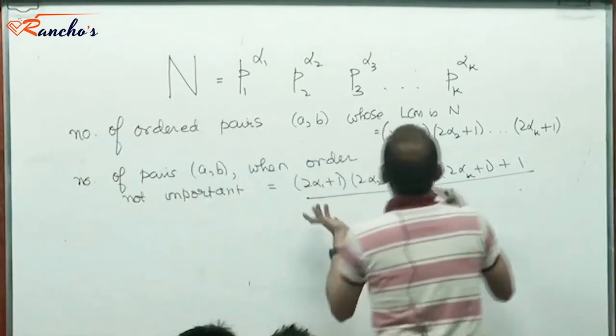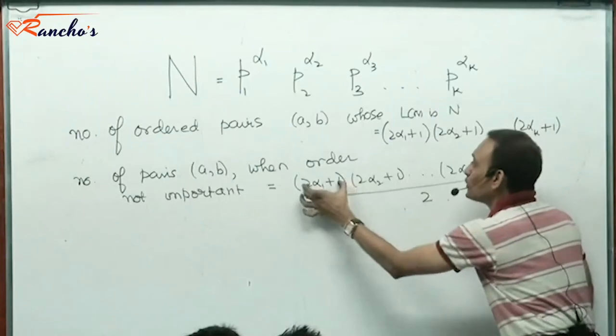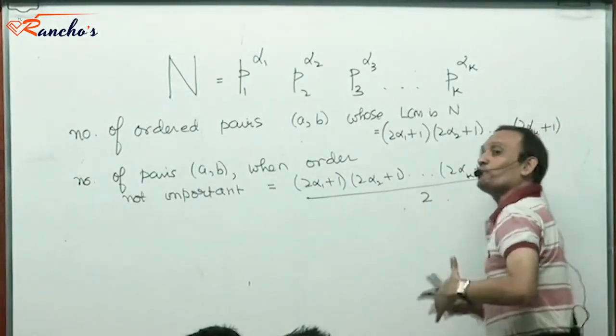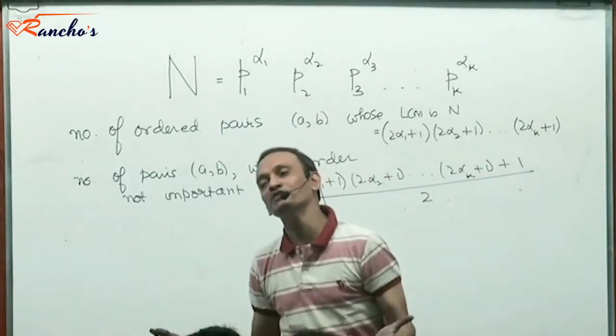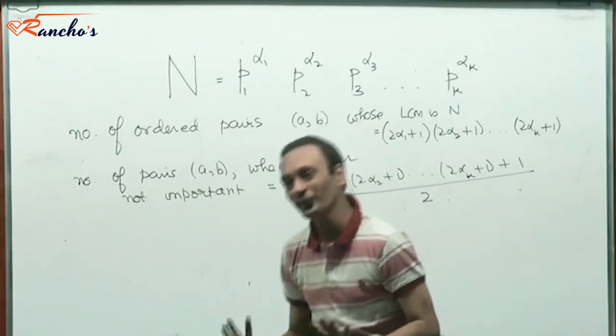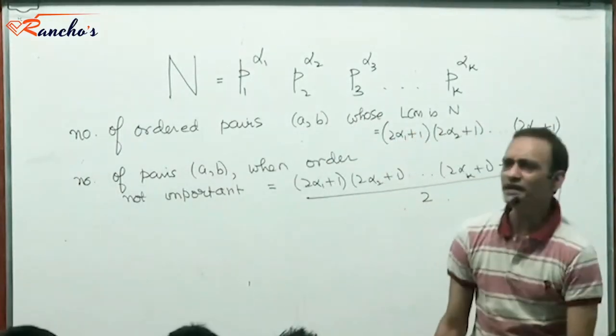Does not matter. You're saying these factors would be even in number, but each one of them is an odd number, isn't it? So the product of an even number of odd numbers will still be odd, isn't it? That will not change. Got me? So far so good, right?